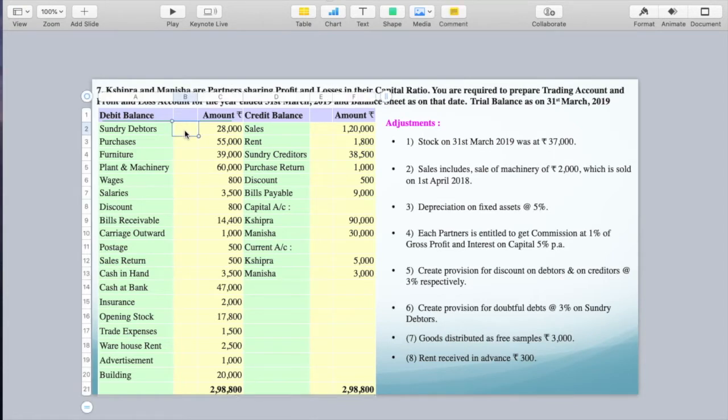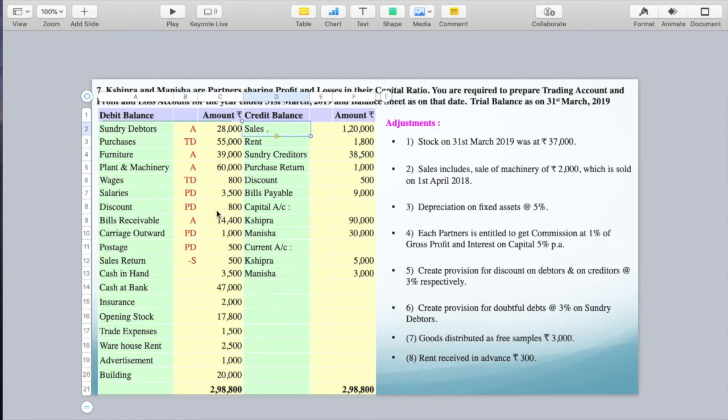In the trial balance, sundry debtors is given, so it will go to assets. Then purchases, trading account debit side; furniture, asset; plant and machinery, asset; wages, trading account debit side; salaries, profit and loss debit side; discount, profit and loss debit side; bills receivable, asset; carriage outward, outward is given, so profit and loss debit side; postage, profit and loss debit side; sales return is less from sales, so put one tick mark on sales.